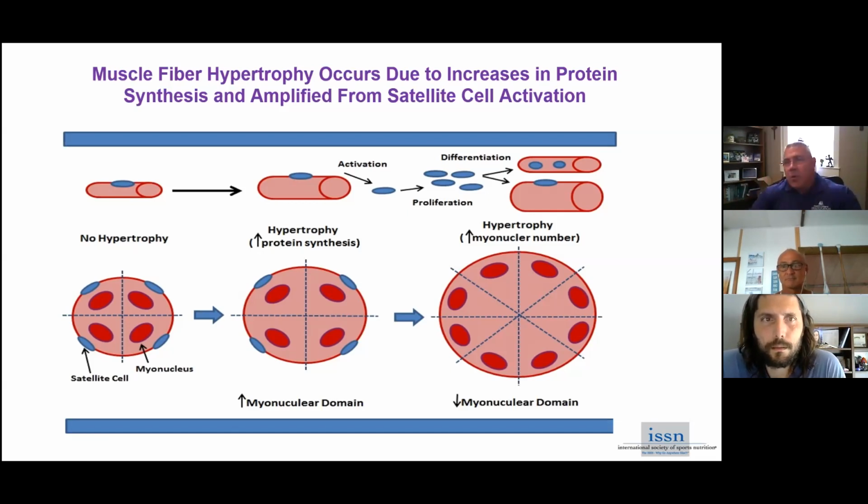Again, we're finding out more and more all the time about the different scenarios and the time course of when satellite cells actually come into play. A study done a few years ago estimated that a muscle can hypertrophy up to about 25% of its pre-hypertrophy amount, and to hypertrophy any above that would require satellite cell activation.